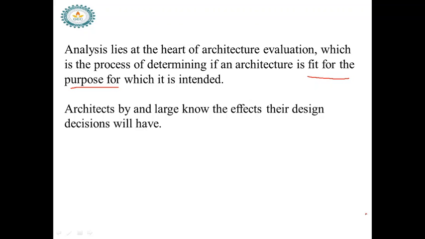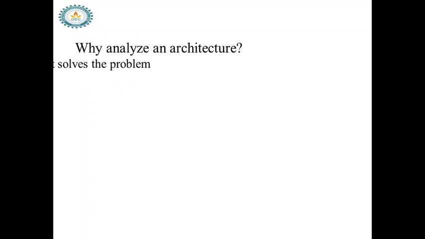Architects by and large know the effect their design decisions will have. So even before making the design, they will consider what the design will be, what the analysis will be, what the pros and cons are. Everything they will analyze. So why are they analyzing? To decide whether it solves the given problem or not.